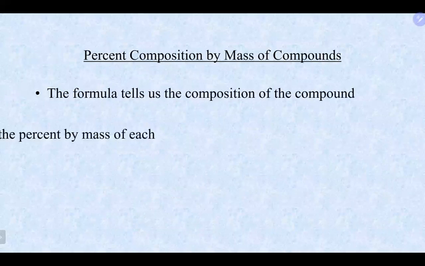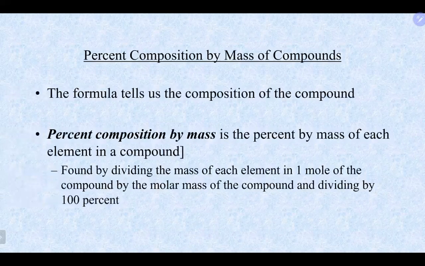Okay. So that's one way you could calculate the empirical formula, just by reducing down the molecular formula, but to whole numbers. So let's talk a little bit about percent composition by mass. Percent composition by mass tells us the percentage of each element that's present by mass.